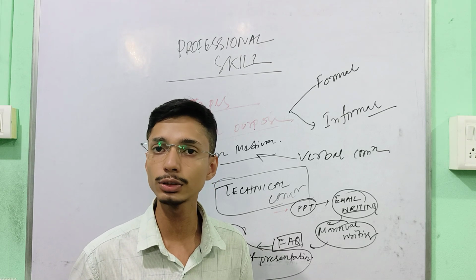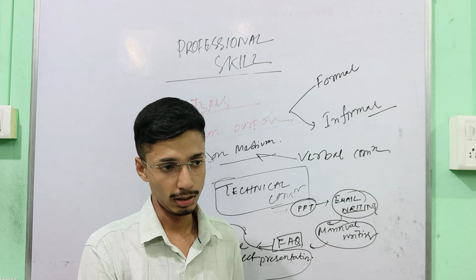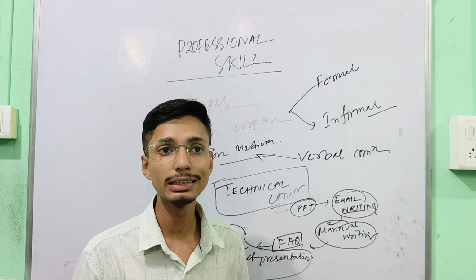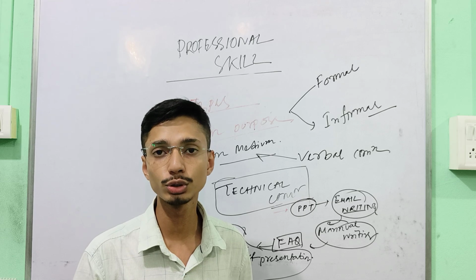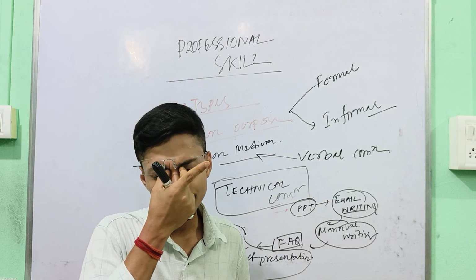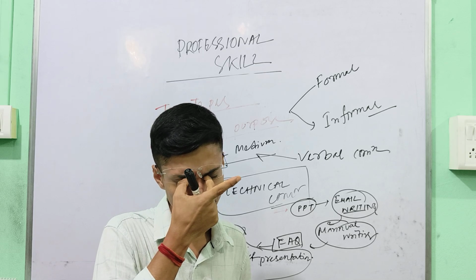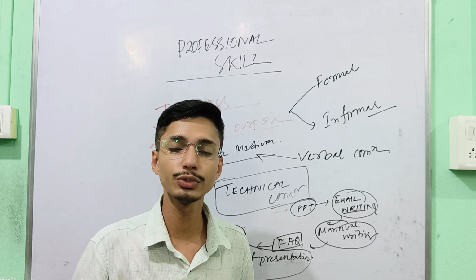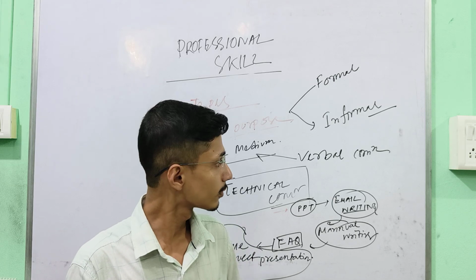There are lots of types of technical communication like presentation preparing, manual writing, email writing, Google Meet presentation, FAQs preparation, etc. Those are the different types of communication processes where we can express our thoughts and emotions between sender and receiver.